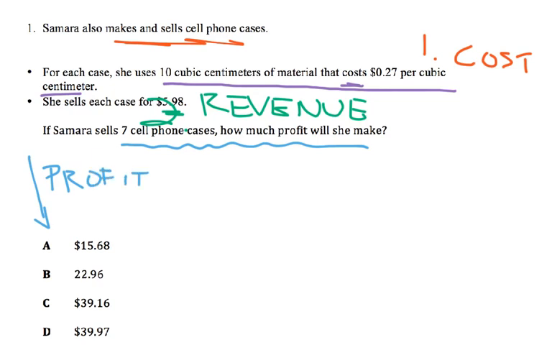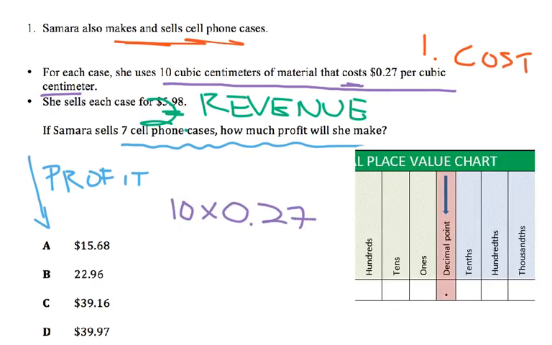Okay, so starting off with the cost, Samara uses 10 cubic centimeters of material that costs 27 cents each. So that means we have to do 10 times 27 cents. And I'm going to use the same shortcut that we went over in part B. When we multiply by 10, basically all that happens is all the place values shift over 1.